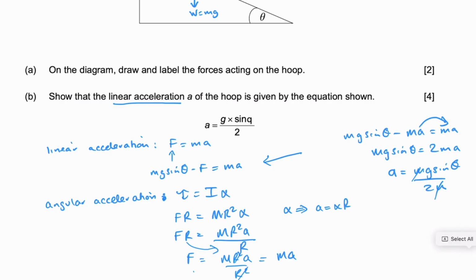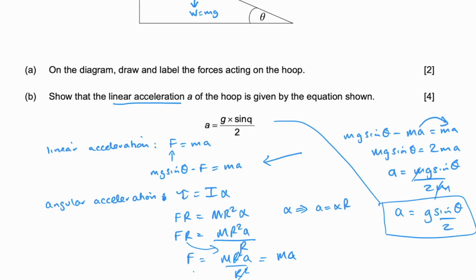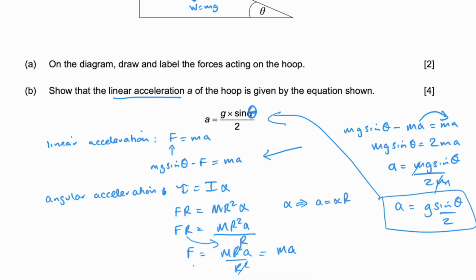These cancel. a equals g sine theta over 2, which is the answer shown there. And that should be theta, obviously. We've done that before. It is worth 4 marks, but it's the same system every time. So make sure you learn how to do that system.